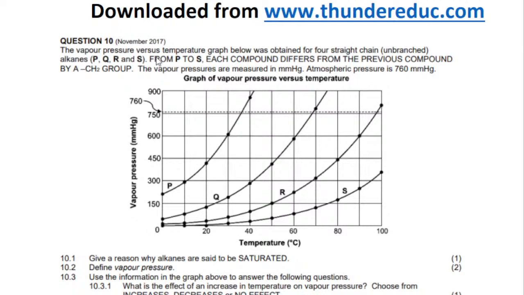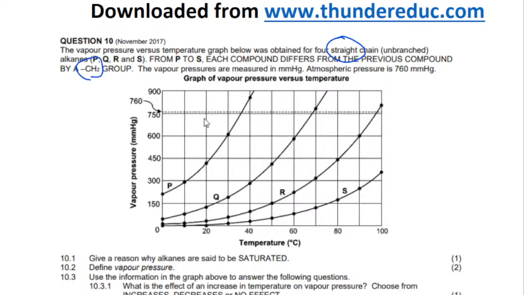The next question is about vapor pressure. This is another question concerning organic chemistry. You're done with the nomenclature, I hope you guys are going to get all the marks there. The vapor pressure versus temperature graph below was obtained for four straight and branched compounds, P, Q, R, and S. From P to S, each compound differs from the previous one by one carbon.